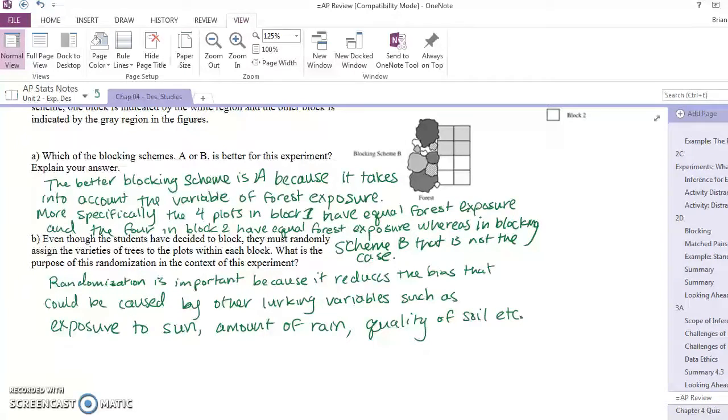And I think we'll leave it at that, and hopefully that is good enough. But I could possibly be wrong. So let's take a look at what the answer says.